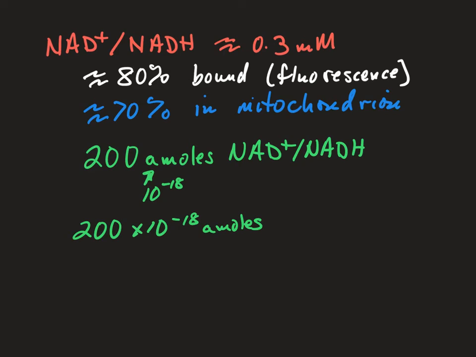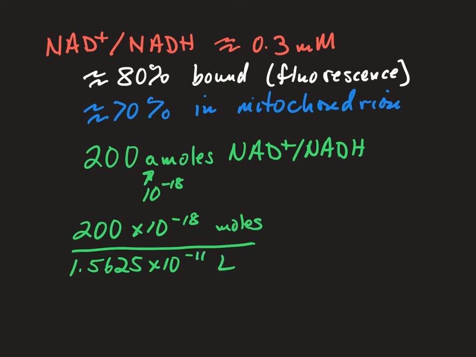So there's 200 times 10 to the minus 18th moles in a cell. And if we go back and convert our volume of a cell from cubic micrometers to liters, that's times 10 to the minus 18th, that was our conversion. You get about one cell is 1.5625 times 10 to the minus 11th liters.